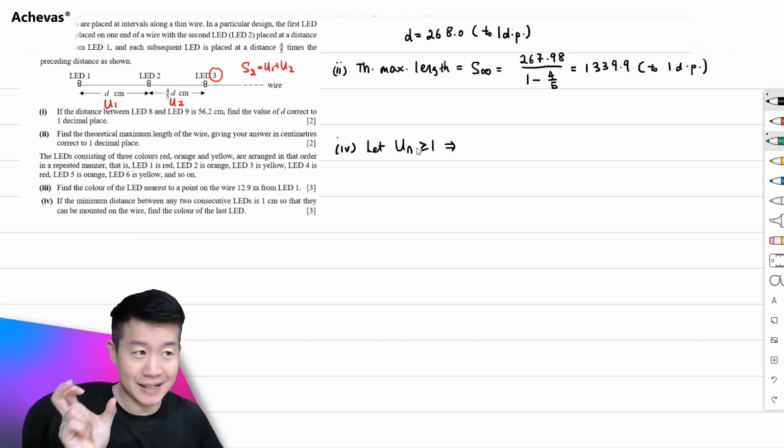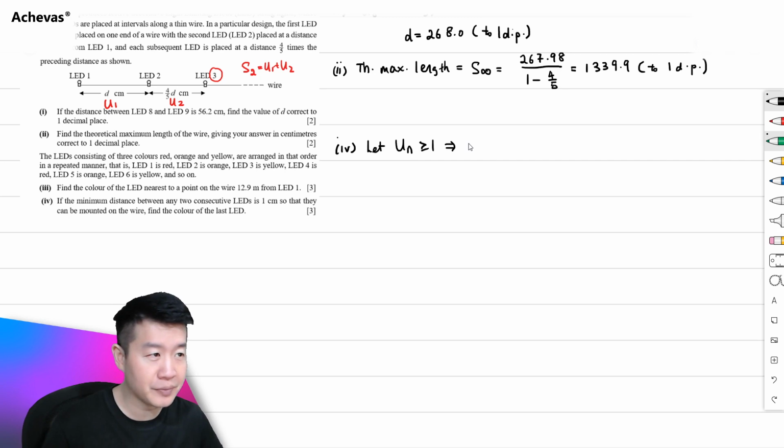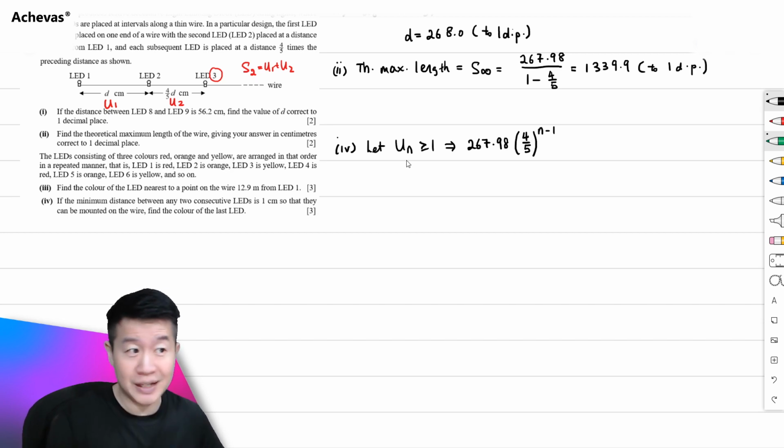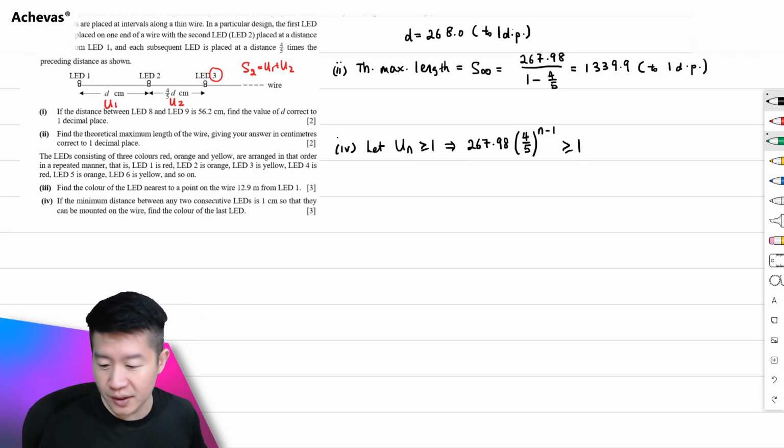So this last distance has a first term of 267.98, and common ratio 4/5 to the power of n minus 1. This is the expression for the last term, that is the last distance, and I'm going to impose that this is bigger or equal to 1.